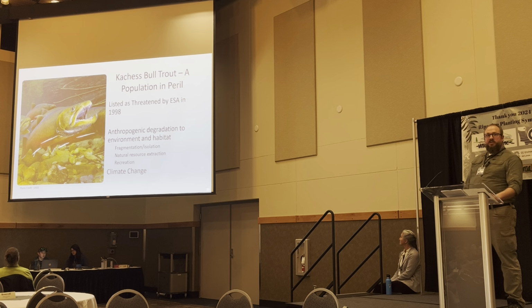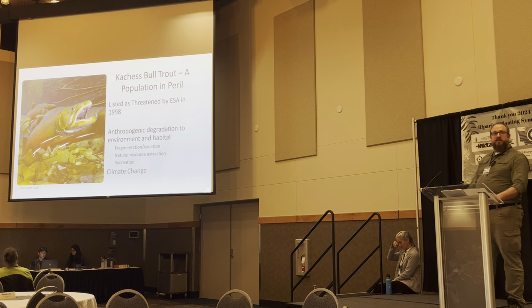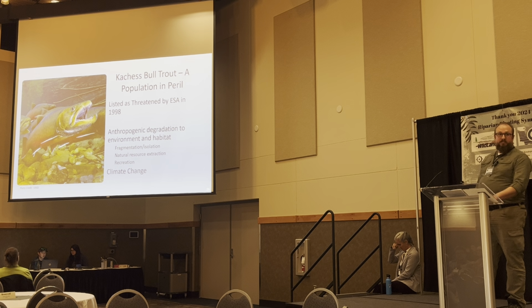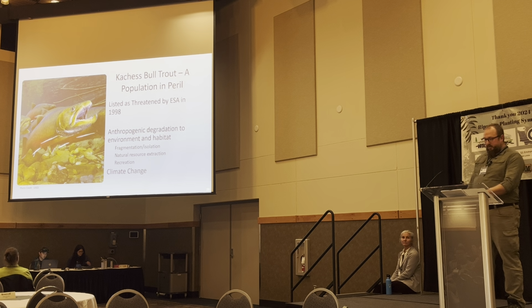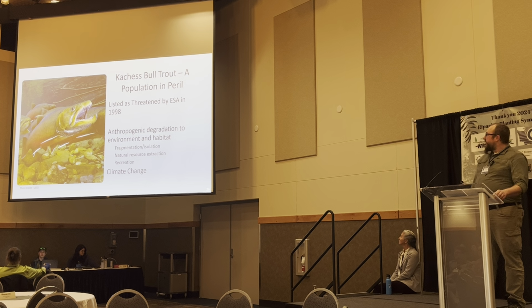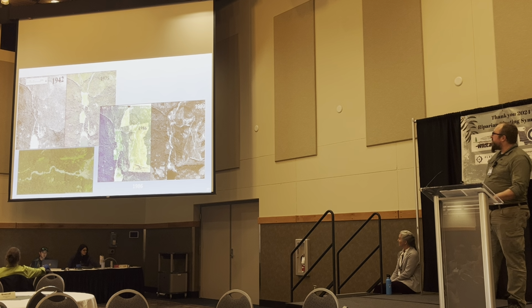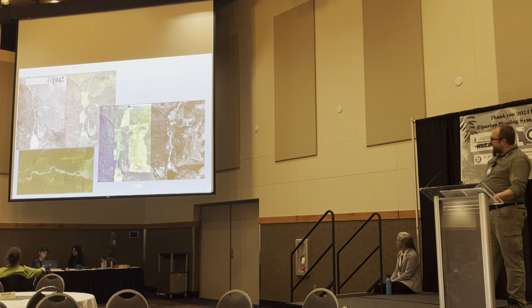Their habitat in the Kittitas River, where they return to spawn, is increasingly fragmented due to dewatering as a result of basically poor logging practices. And then natural resource extraction, so the logging and the mining over the years. And with climate change, it's just gonna get worse. So here we can just look real fast at some of the advancement of the clear-cut logging.